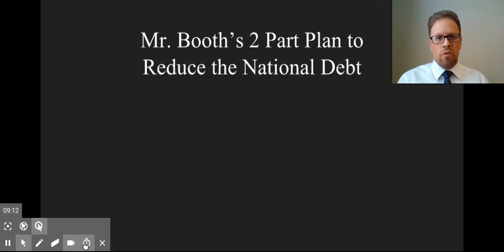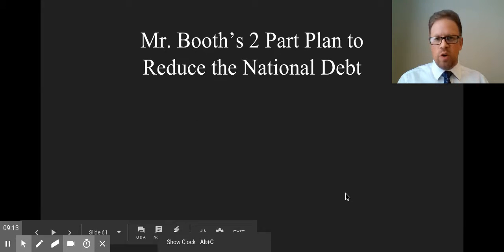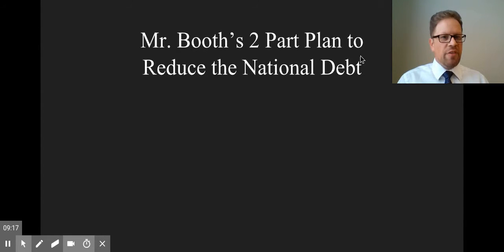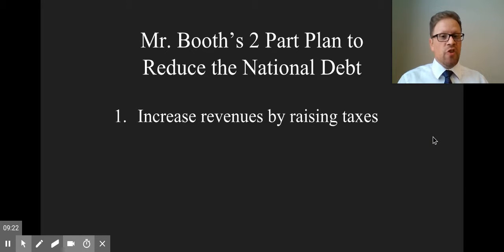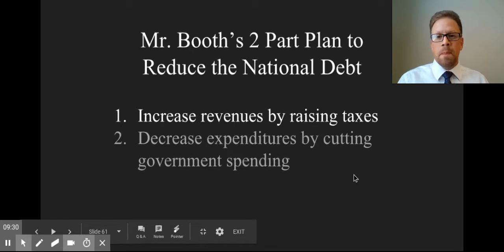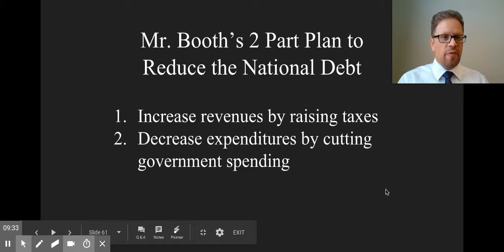All right, so Mr. Booth's running for president in 2020. Focus on the future. My platform is a two-part plan to reduce the national debt. Part one, I'm going to increase revenues by raising taxes. I said that out loud. I just lost the entire Republican vote. Part two of my plan, decrease expenditures by cutting government spending.